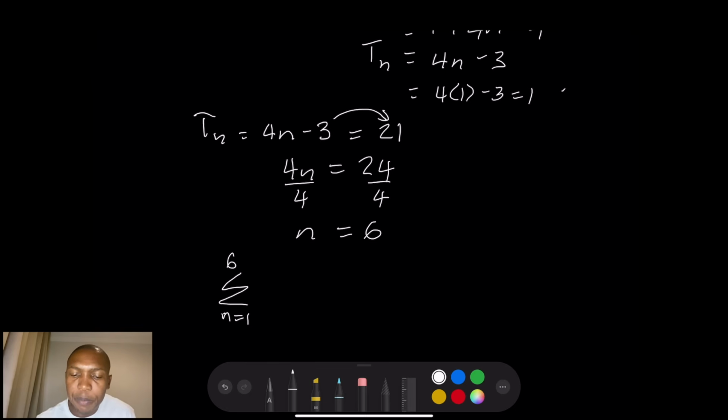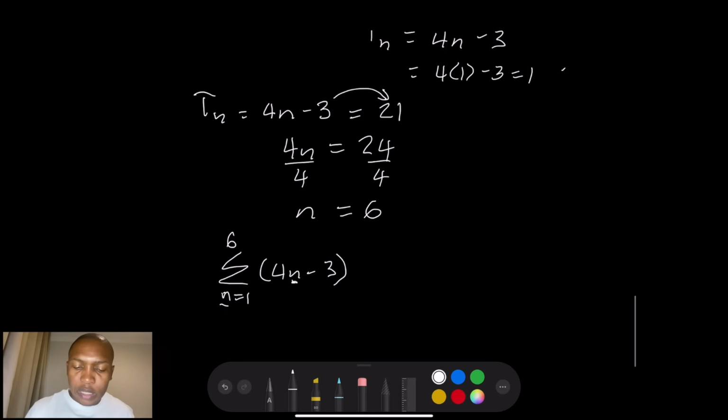And our general expression, we said that's going to be 4n minus 3. Nothing wrong if you wanted to express it as k or whatever other letter you have. In this case, remember, when you change it there, you also have to change it there. All right, and that is how you write that series in sigma notation.